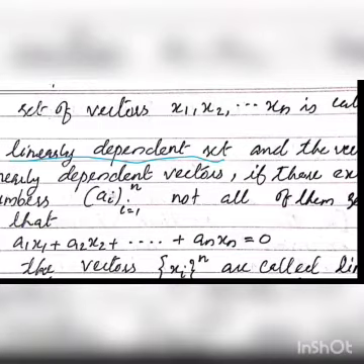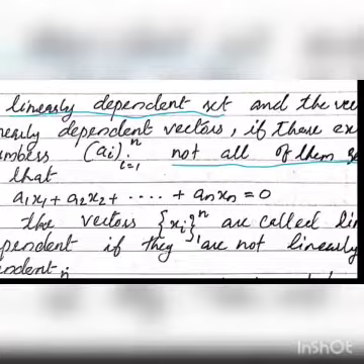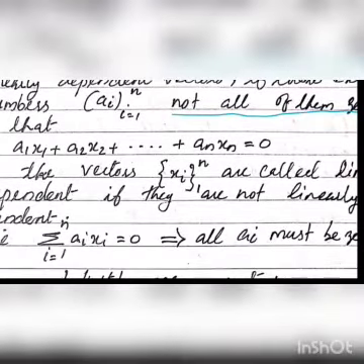See the notation ai: instead of a1, a2, a3, etc., an, this is giving us a finite sequence ai, i equal to 1 to n, not all of them 0, such that a1 x1 plus a2 x2 plus etc. plus an xn is equal to 0. Thus, not all of them are zeros, so at least one of them should be non-zero.